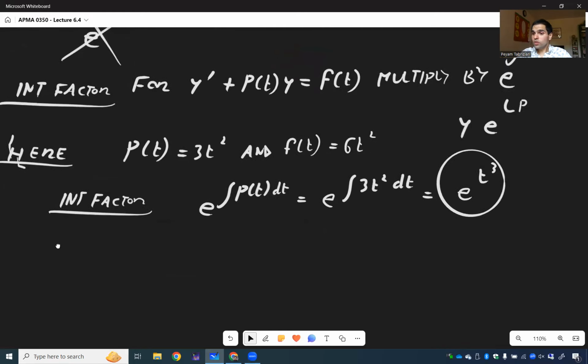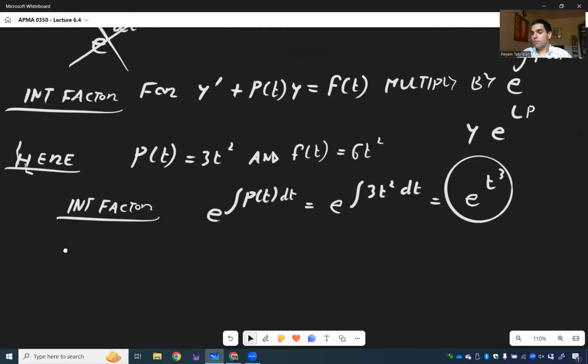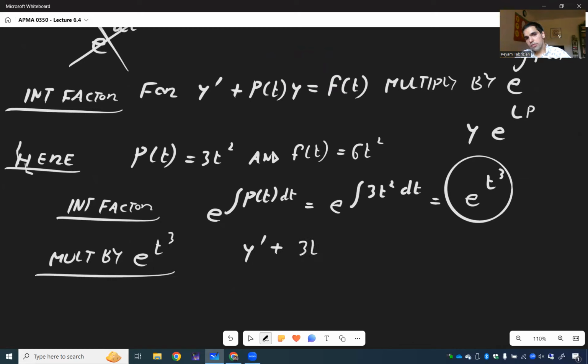Okay, the good news is the rest is the same thing. So we still multiply by e to the t cubed. Remember, our differential equation was y prime plus 3t squared y equals 6t squared.